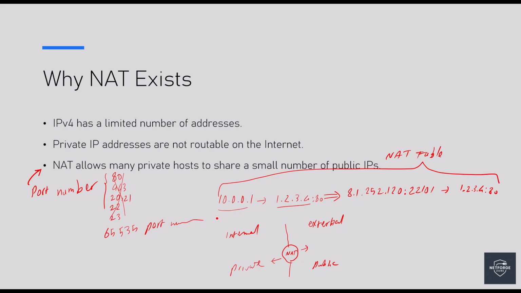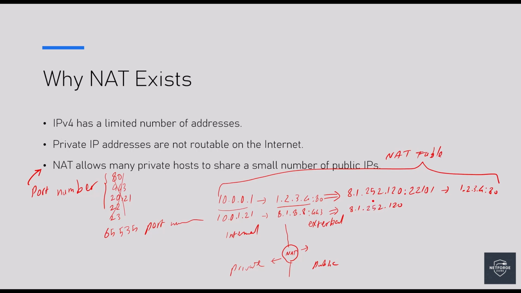Say there is another computer in my network which is trying to reach some other address. Let's say, for example, that it is 10.0.1.21, and this is trying to reach 8.8.8.8 over, let's say, port 443. I'm just going to translate it to 81.252.120.